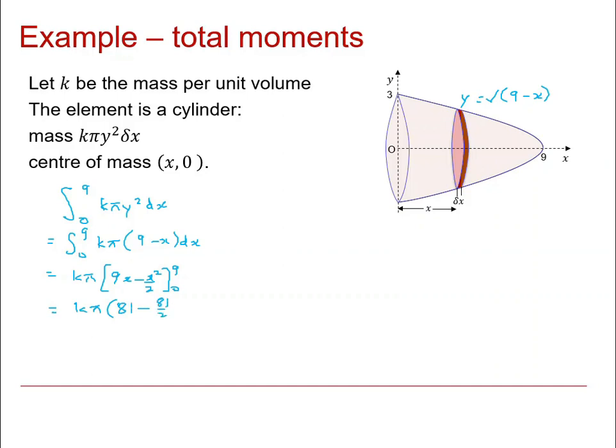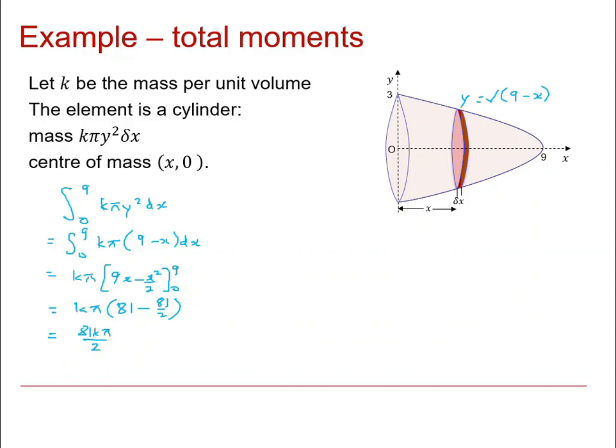That's the upper limit, but the lower limit with the 0 in it gives us nothing. So 81 minus 81 over 2 is just 81 over 2. So 81 k pi over 2. Now that's essentially a volume calculation for a solid of revolution with the factor k in, which turns the volume into a mass. So that's the total mass for the solid that we're considering.